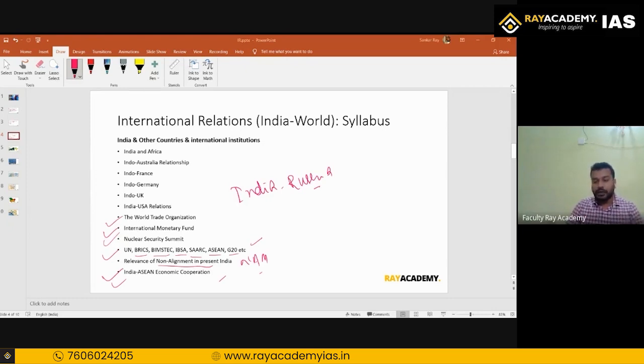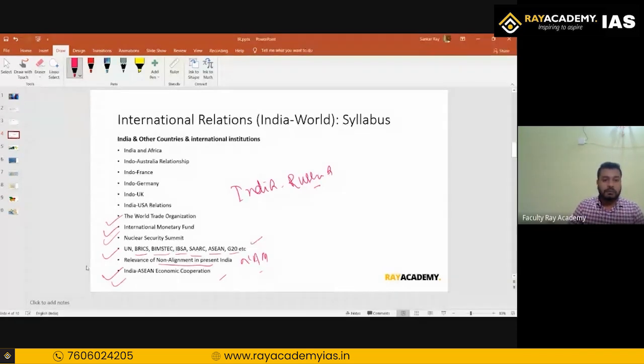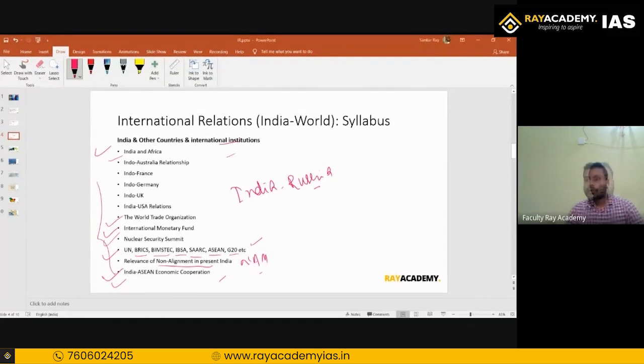You cannot cover all the countries for your international relations. You need to choose only specific topics which are important. I will tell you, don't worry, how to choose which are important and which are not. So in India and other countries and international institutions, we will study all of these countries. Now we have understood the syllabus.